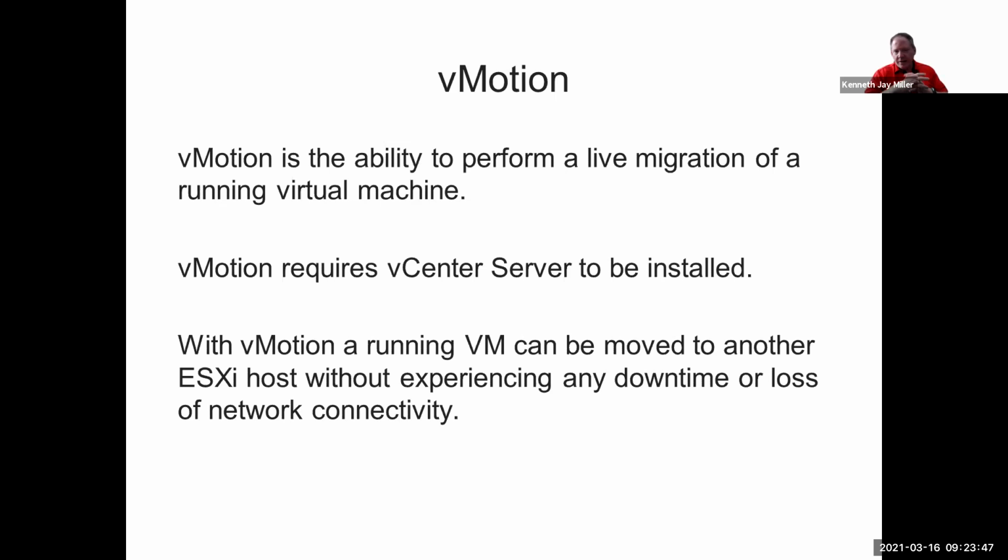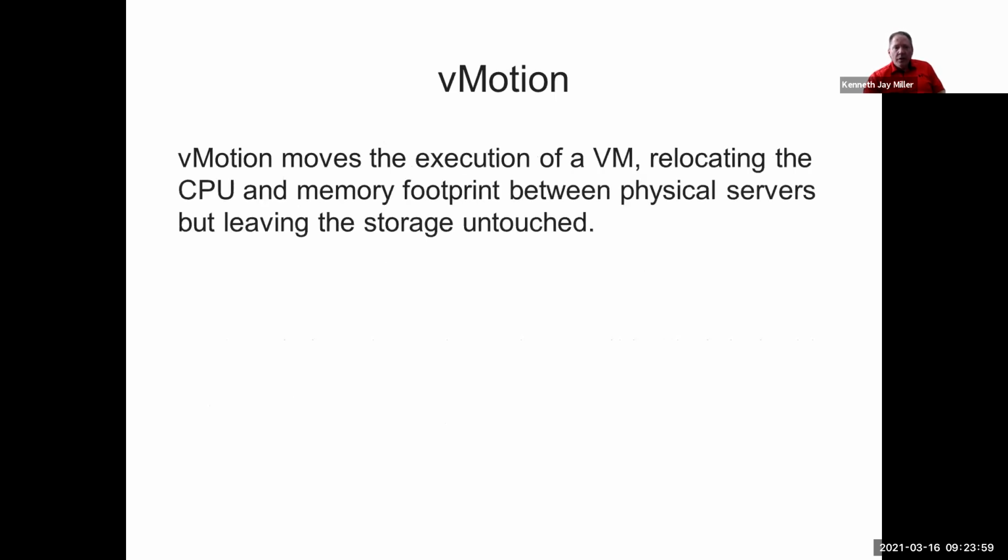Now you have to have vCenter server to use vMotion. It's one of those integrated systems. So we can move our VMs with vMotion. Now, vMotion moves the execution of a VM, relocating the CPU and memory footprint between physical servers, but it leaves the storage untouched.